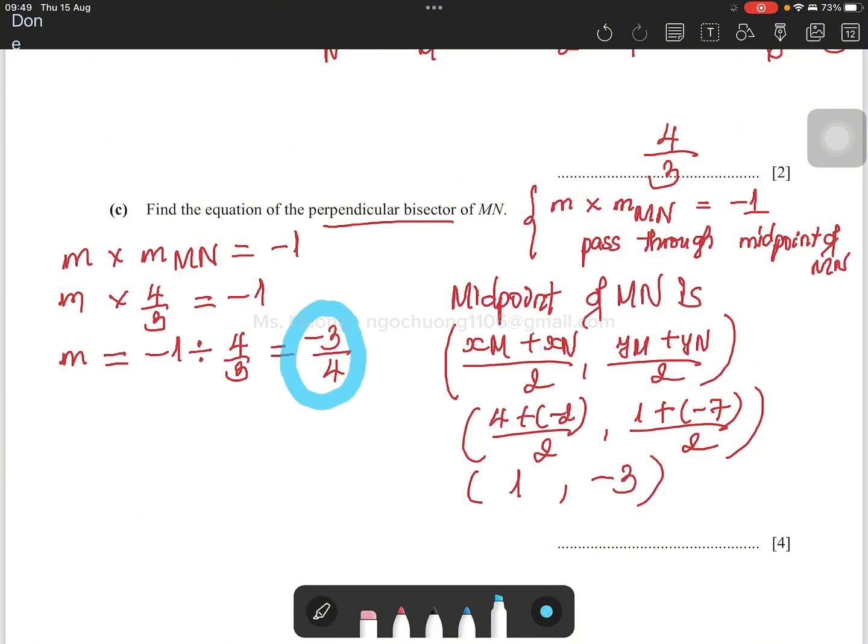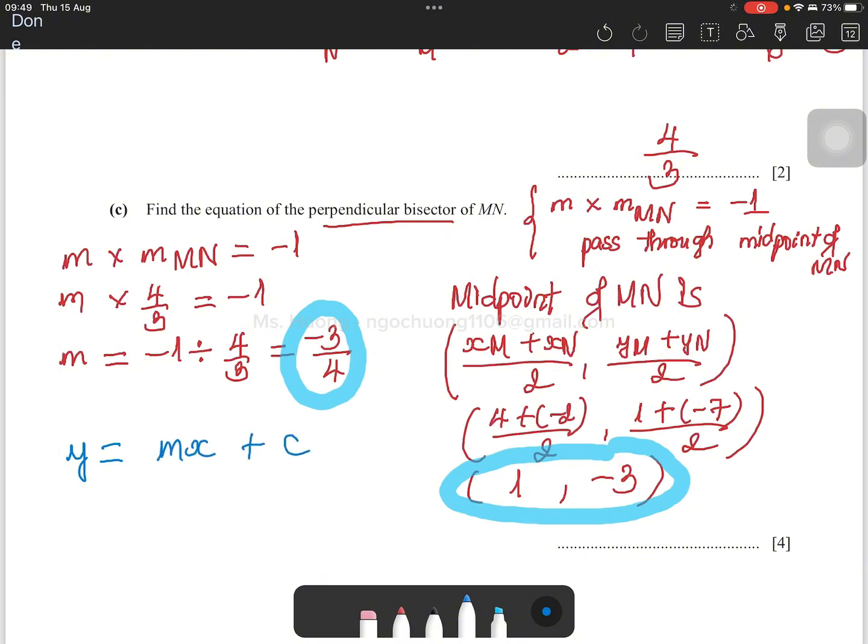Now we know that the gradient is negative 3 over 4 and the midpoint is (1, negative 3). So we'll substitute them into the equation y equals mx plus c. Y is negative 3, x is 1, and the gradient is negative 3 over 4, plus c.